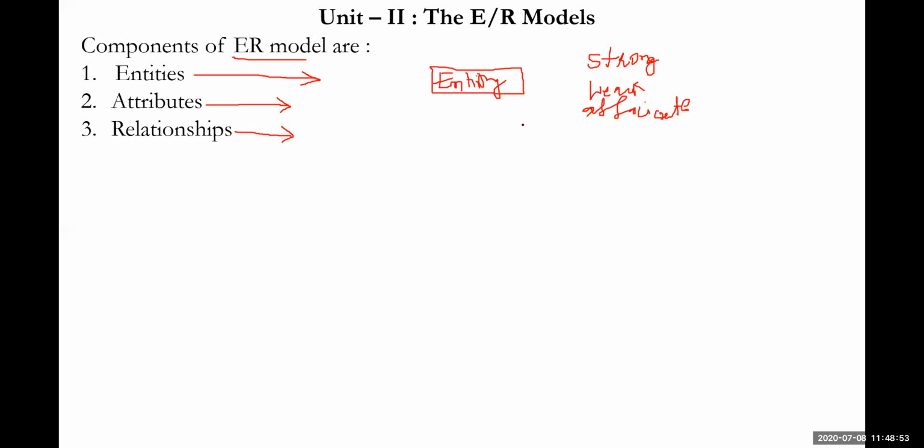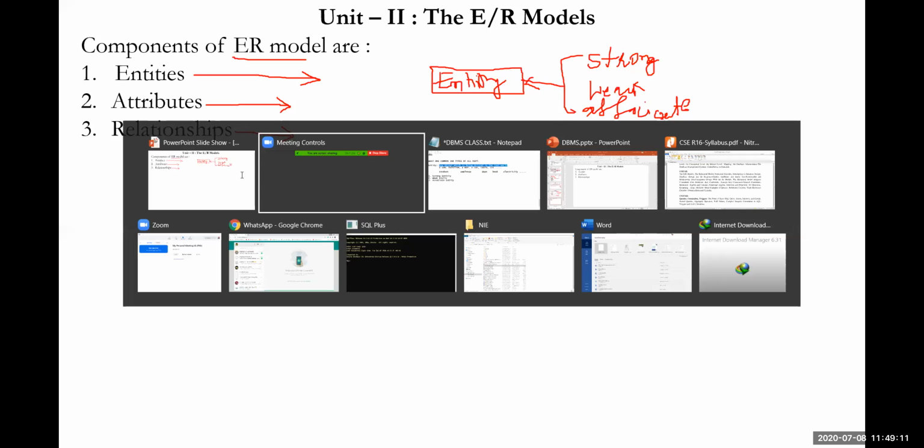As far as these three are concerned, everything must be represented with a rectangular box only, but there is a small distinction between them. Before that, let us take the definition of a strong entity.